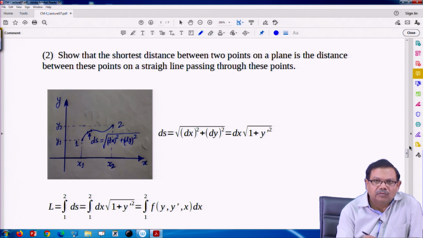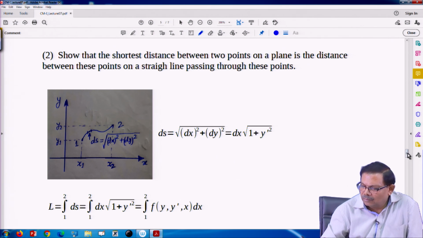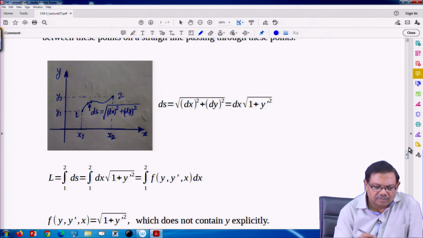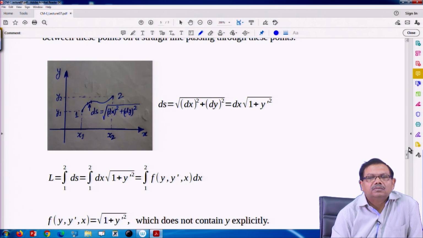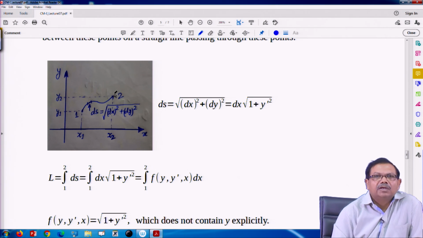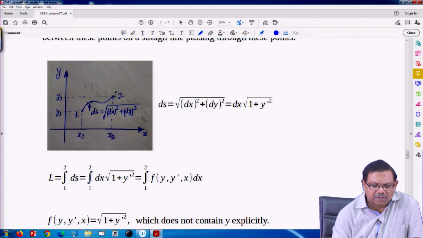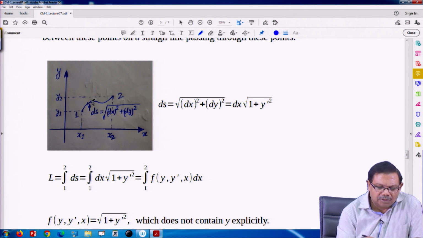So, let us say on the y axis I have chosen 2 points 1 and 2 and I choose a curve. I do not know that the shortest distance is through a straight line only, we have to prove it. So, I have drawn a curve which is not a straight line, and a portion of the curve is ds. So, ds squared is dx square plus dy square, that is the length along the curve.